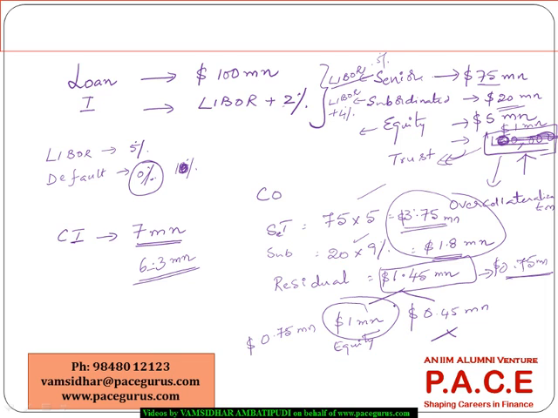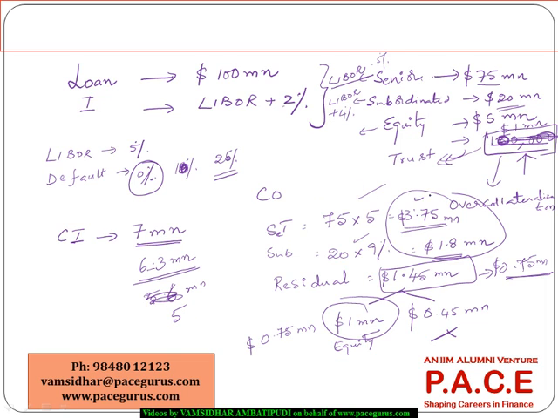Whereas on the other side, if the default had been 20% instead of 10%, probably what is received is only 5.75 to 6 million. Or if I say the default is 25%, what is received is only some 5 odd million. So in that case, what happens?